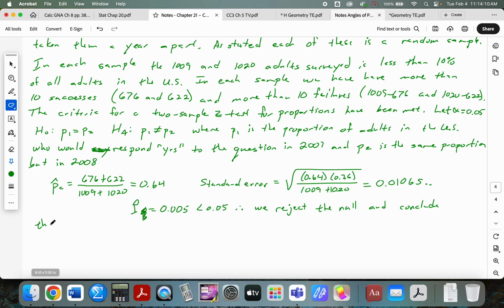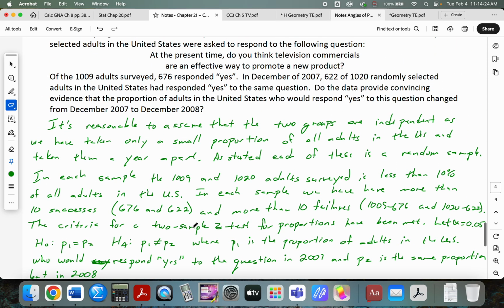that what? The proportion of adults in 2007 or 8, whichever one you want to put first, that said yes to the question is not equal or has changed. Should I just say 2000? Yeah. Say has changed. So just go up here to this. Do the data provide convincing evidence that, start there and just copy that.